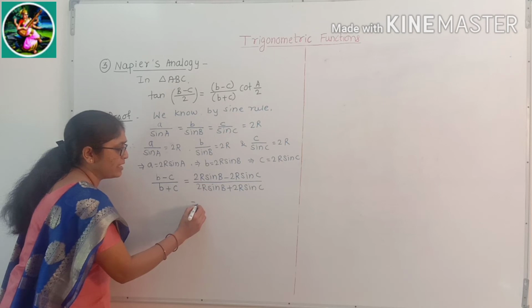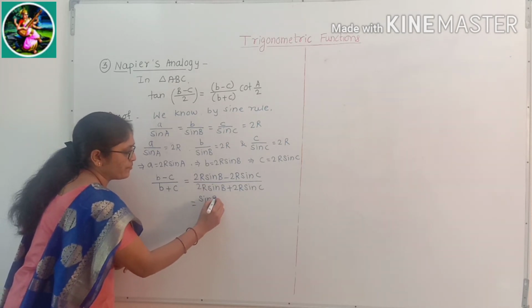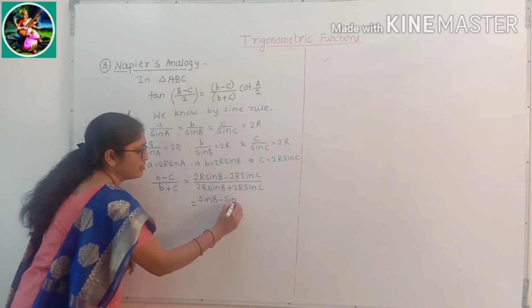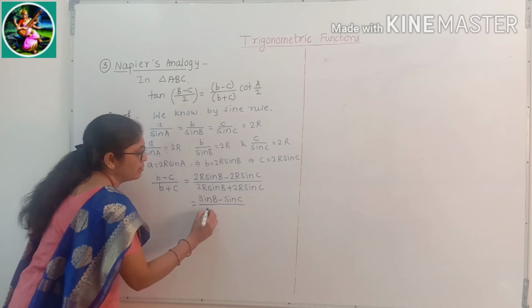Therefore, here remaining is (sin B minus sin C) divided by (sin B plus sin C).